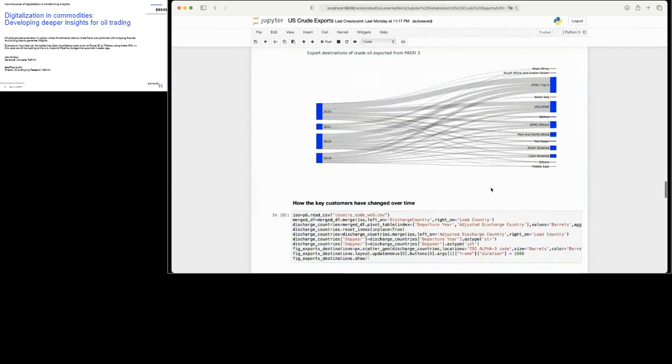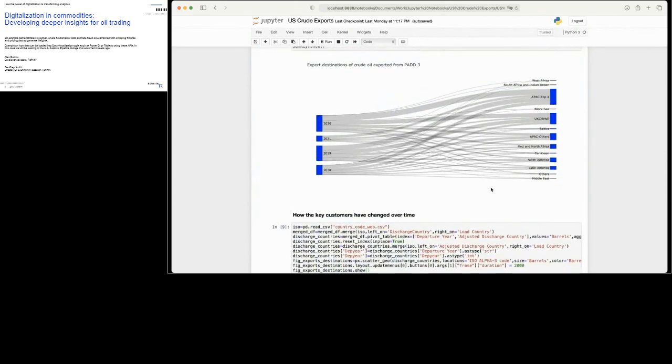The next visual I have here depicts the flows of US crude by destination. We can see that in the last couple of years, in 2019 and 2020, the top 4 countries in Asia, which are China, India, South Korea, and Japan, emerged as the major importers of US crude.